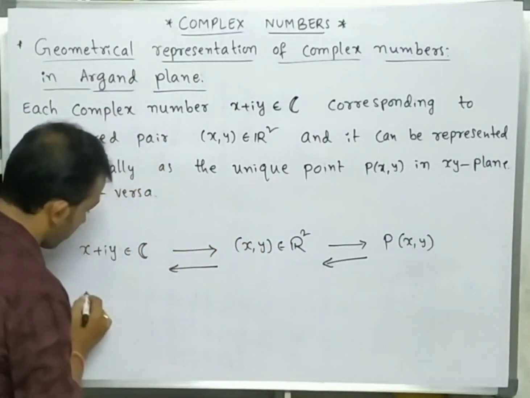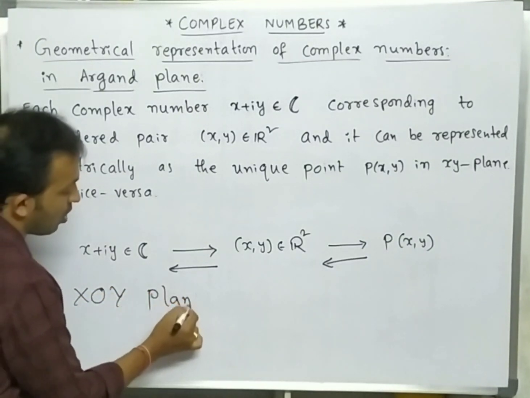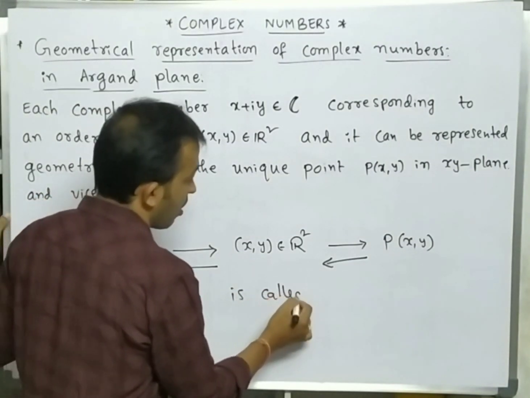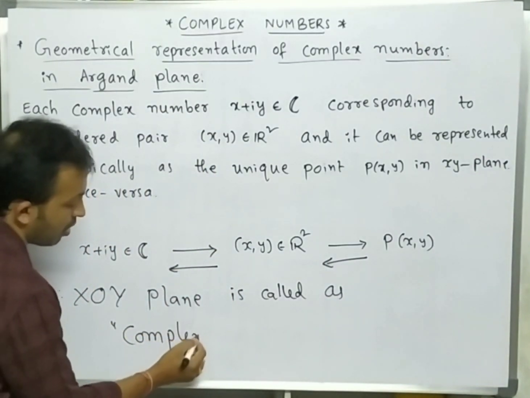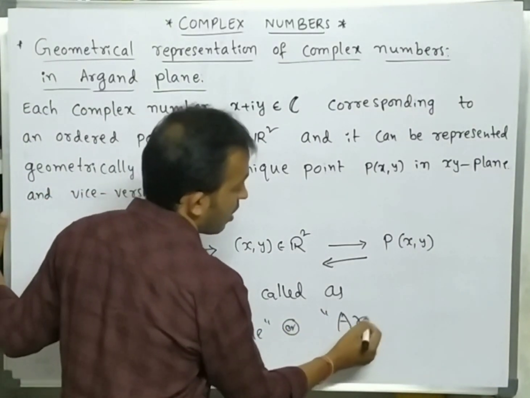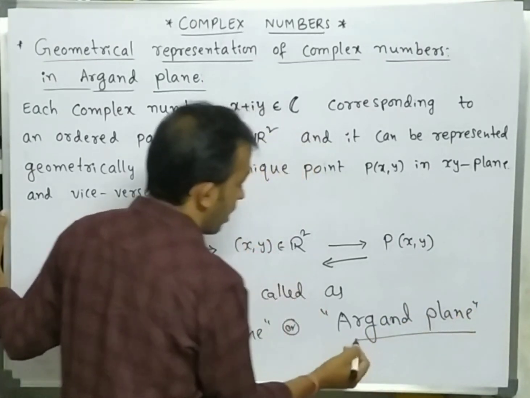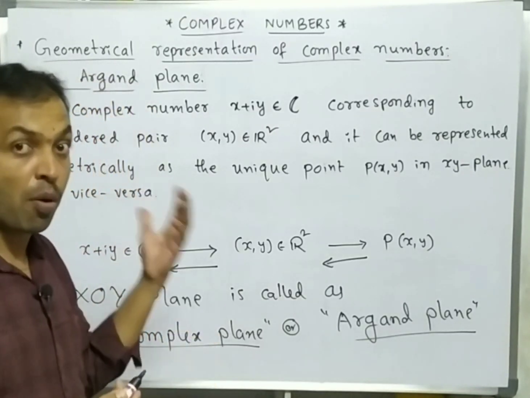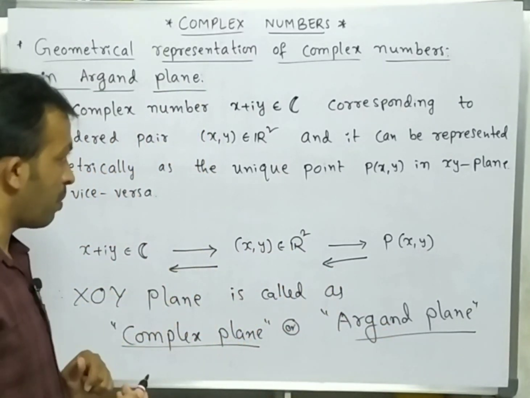Therefore the xy plane which is representing complex numbers is called the complex plane or Argand plane. So this plane is called the Argand plane or complex plane. Why? Because we are representing complex numbers in the plane. So that plane is called the complex plane or Argand plane.